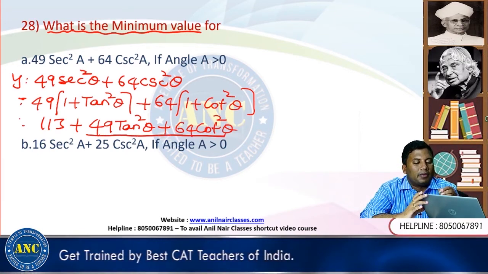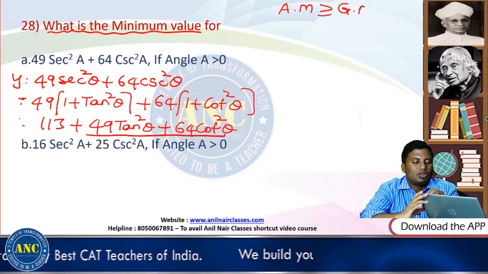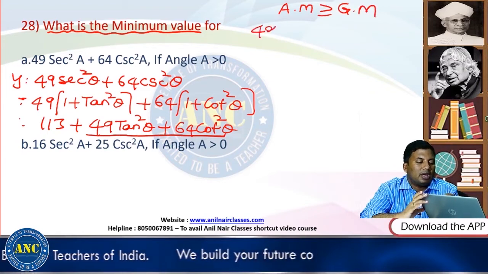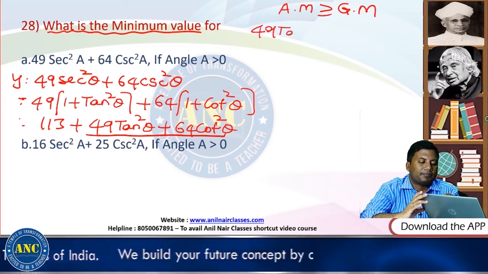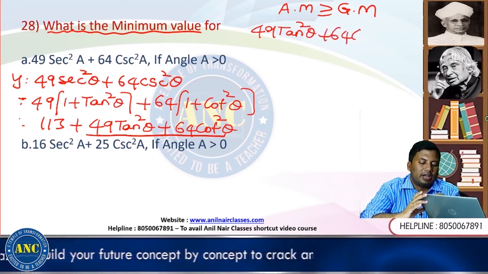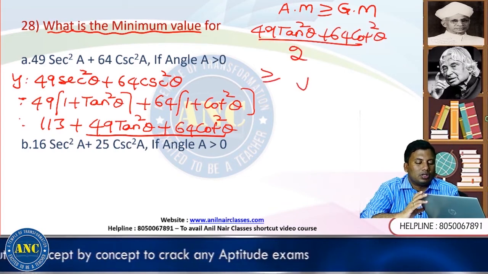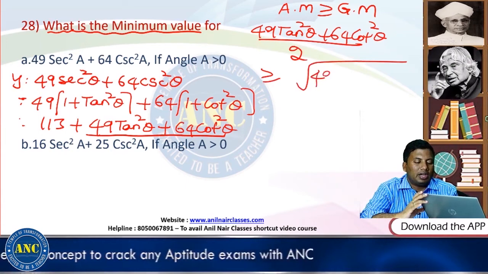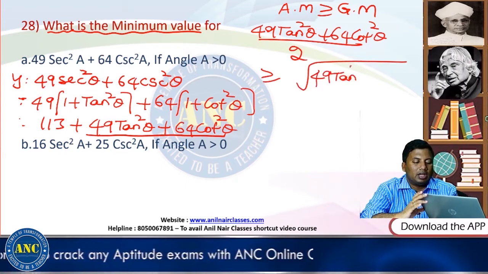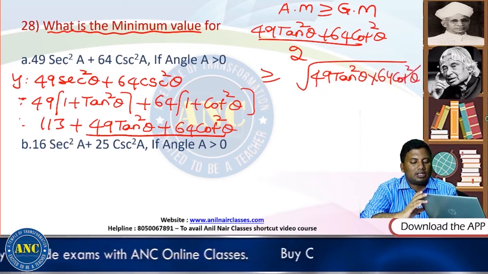49 tan square theta plus 64 cot square theta. Apply AM greater than or equal to GM. So 49 tan square theta plus 64 cot square theta by 2 is greater than or equal to root of 49 tan square theta into 64 cot square theta. Cancel, cancel.